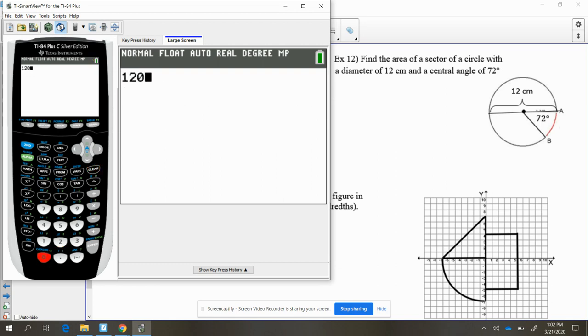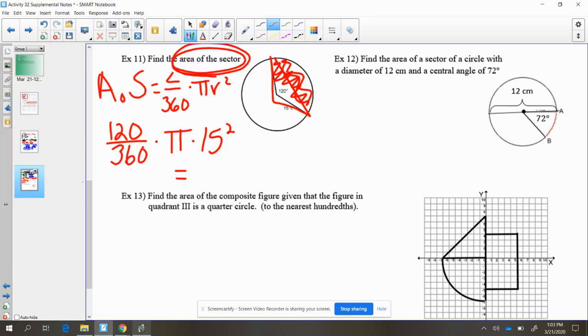So 120 divided by 360 times pi times that radius value of 15 squared. We get about 235.6 feet squared.